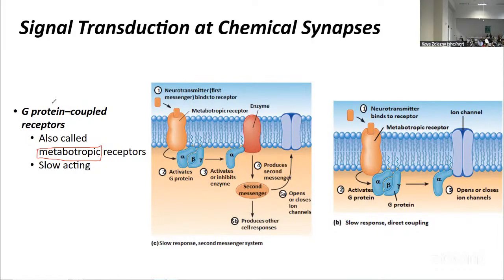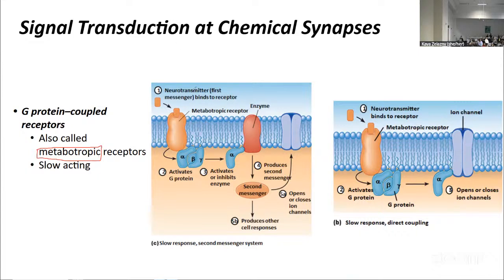So these are going to be slower than our channel linked or ionotropic receptors. You might see why immediately: in our synapse, there's a bunch of steps. There's a bunch of cascading reactions that have to happen in order to get this response going, so purely just that makes this process a little slower.